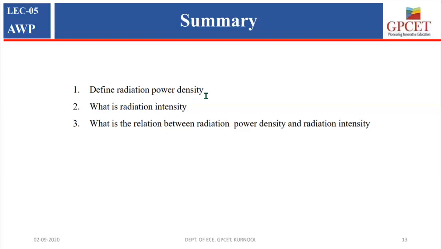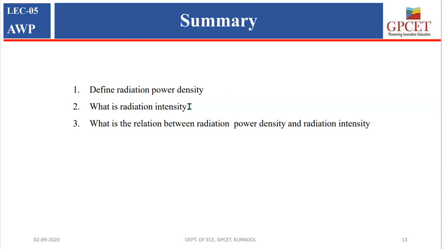Whereas the radiation intensity term is also used to measure the power, but in terms of solid angle. The radiation power density is used to measure the power in plane angle, and the radiation intensity is used to measure the power in solid angles.